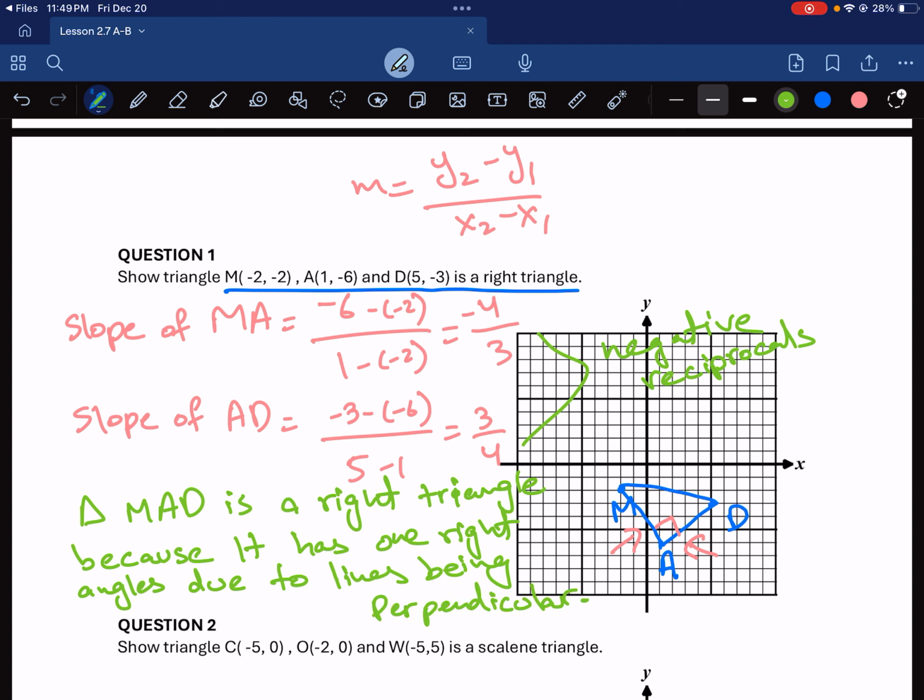Alright, that's it. So all you have to do for a right triangle is figure out the slope of two lines and show that the lines are perpendicular, meaning they have negative reciprocal slope.